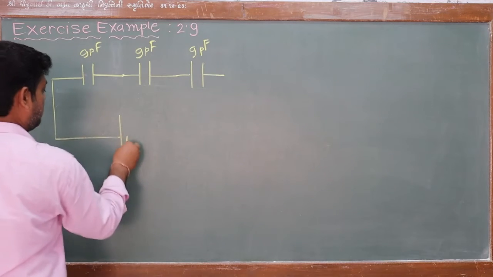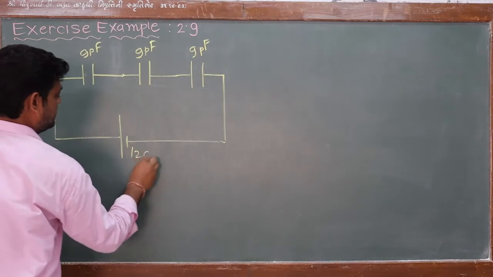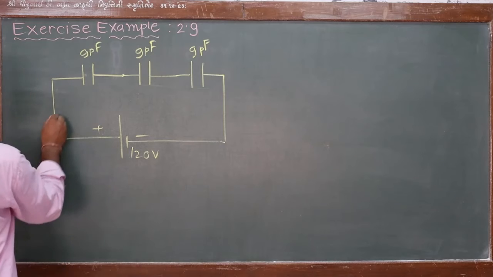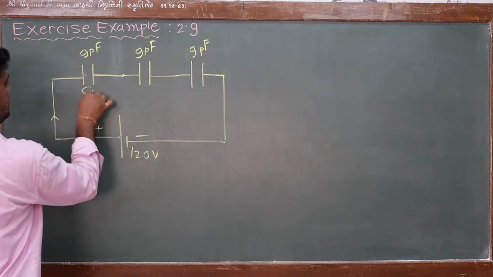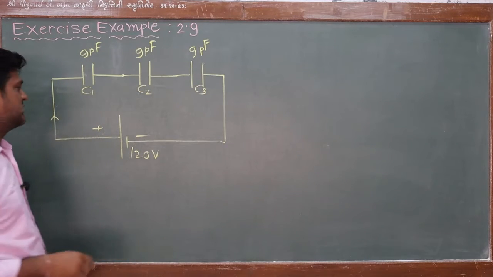This combination is connected to the supply of 120 volt. It is plus, it is minus. It is C1, C2 and C3. These are the three capacitors.